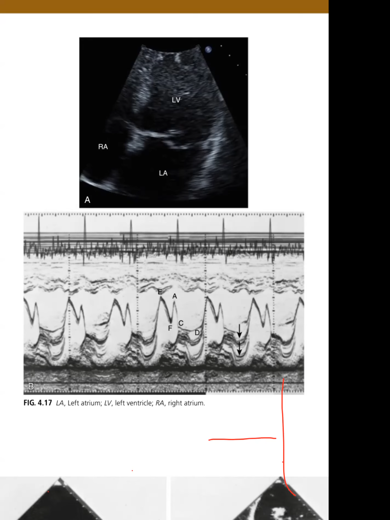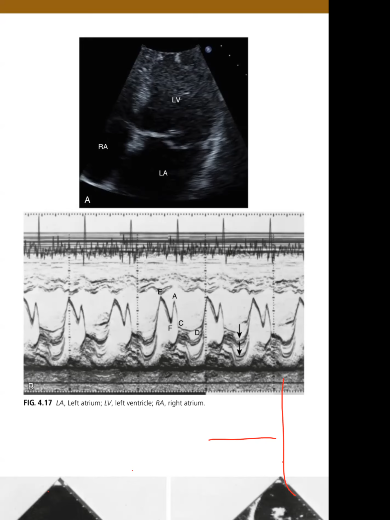So the E is showing you the early filling of the ventricle, the early opening of the mitral valve. And then A is the opening that comes with atrial contraction to add the final 25% of left ventricular filling.